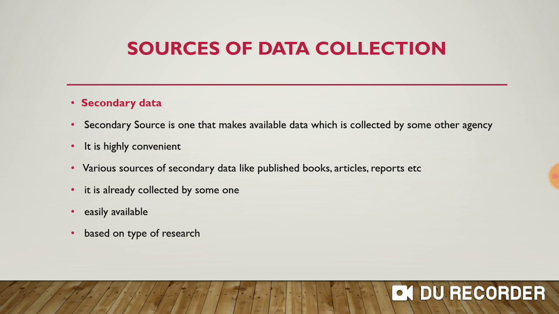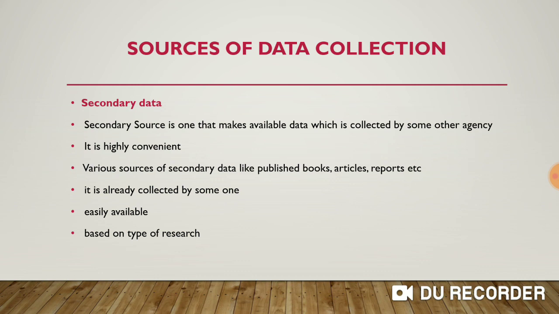From the available sources of secondary data, the researcher may use a suitable method to collect secondary data for the entire research work. Secondary data is normally data which is already collected or written by some other researchers, and made available in published form.